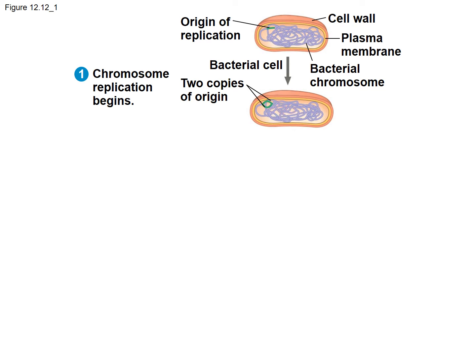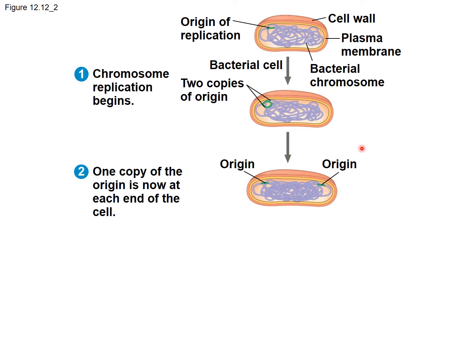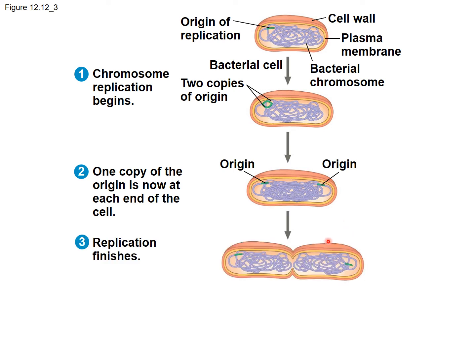Now, the chromosome is basically duplicating, right? So they're going to separate. Not a whole lot of detail is talked about in your textbook. So basically you're going to have two chromosomes, one on either end of the cell, and they're going to start to separate.